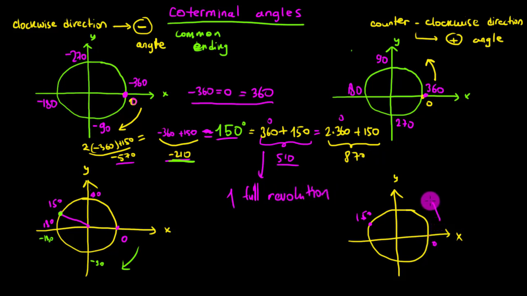It makes one full revolution and comes back here, and then there is this angle, and this one will also be here. The same logic applies here. You have two revolutions: the number of revolutions is one revolution, and then another revolution. And then you come back here, the same logic.